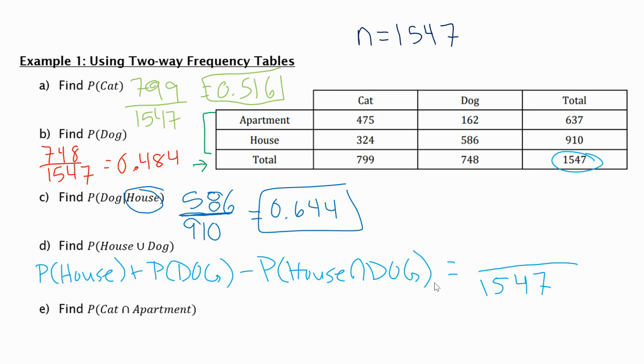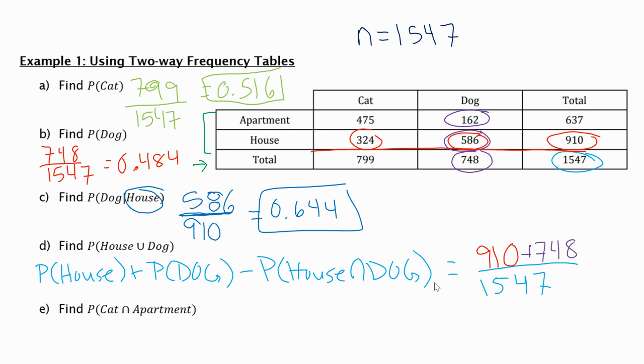The total number of people in a house is 910, because that includes the 324 and the 586. The number of people who own a dog is 748, because it's 162 and 586.